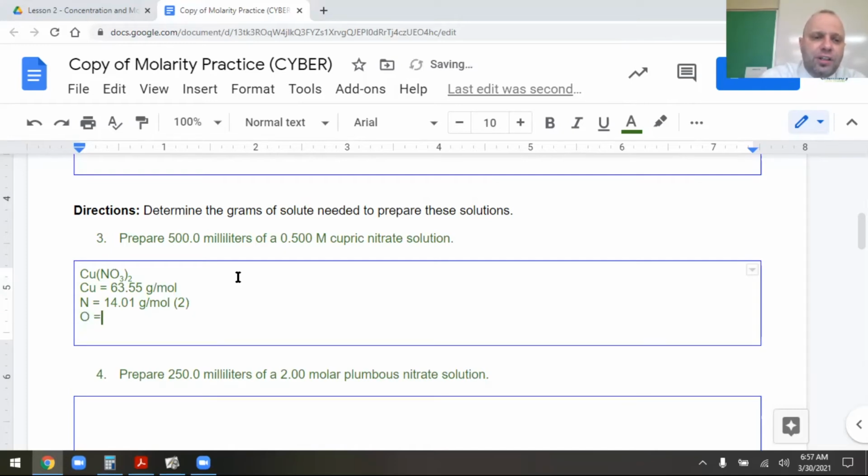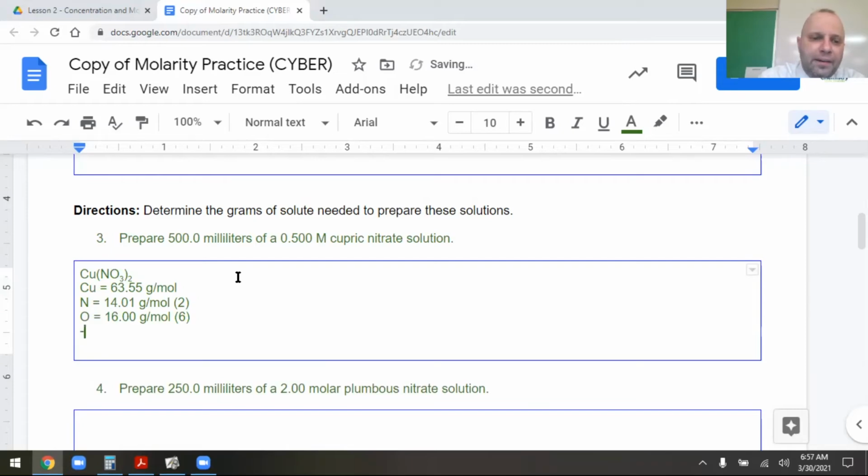And then for oxygen, which is 16.00 grams per mole, we're going to need to multiply that by 6 because we have 6 oxygens in our total. So I'm going to add these all up, and we're going to get the molar mass for Cu(NO3)2.